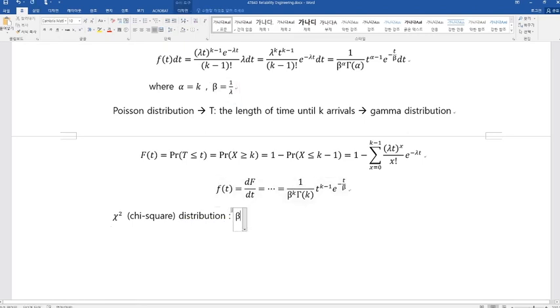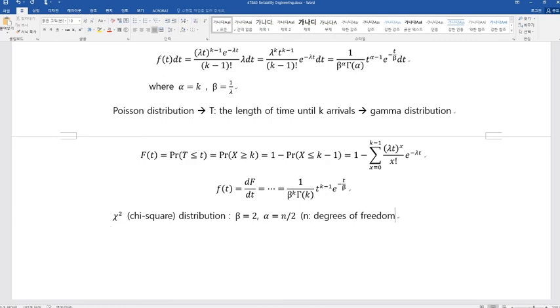This is the case when beta equals 2 and alpha equals n over 2, when n is given as degrees of freedom.